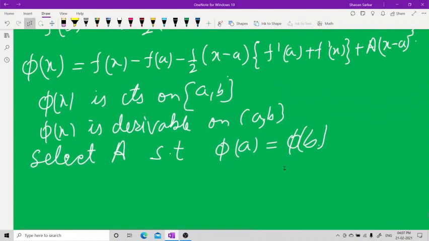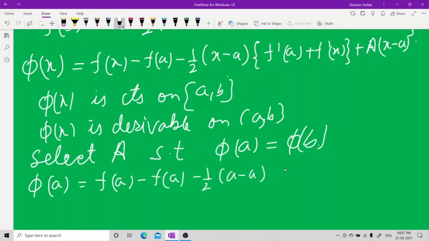Yes. Phi a is f(a) minus f(a) minus half (a minus a) [f'(a) plus f'(a)] plus (a minus a) whole cube, and this is nothing but 0.